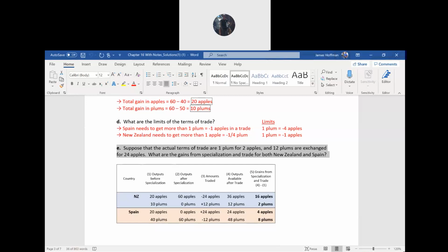But they're going to trade 12 plums, which are going to be exchanged for 24 apples. So at the 1-to-2 ratio, they're going to trade 12 to 24, which is 1-to-2. And let's determine the gains from specialization and trade for both countries. Okay? So let's complete the chart with the specialization and with the trade.